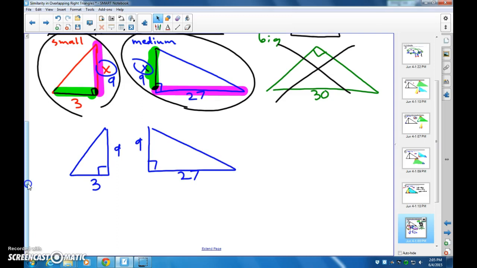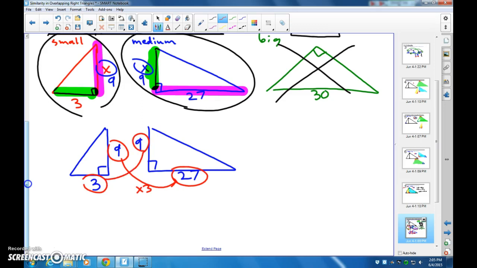And we had said that this long side gets paired up with that long side. Notice, that's a multiplying by 3. And then this short side gets paired up with this short side, and that's also a multiplying by 3, which again shows the sides are proportional.